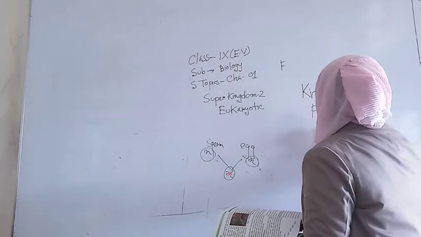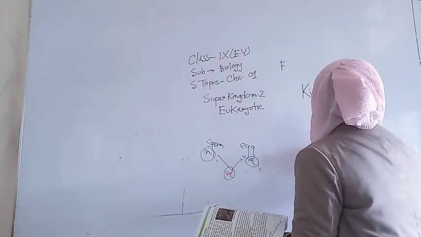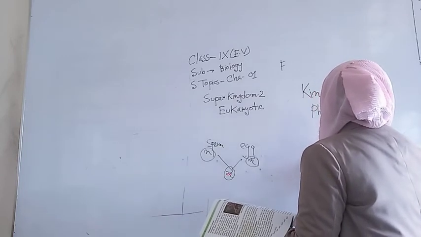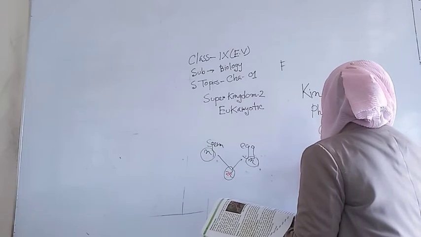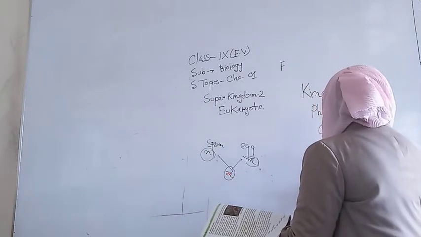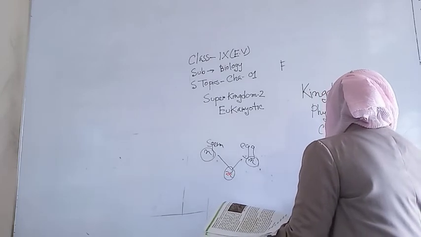The next step is class, and the next step is order, family, genus, and last is species.